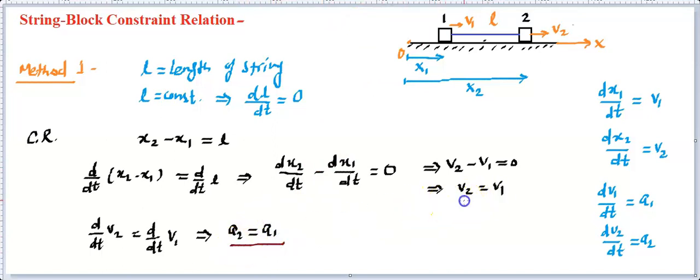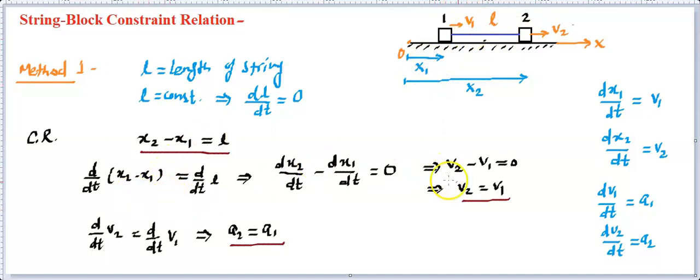This is the constant relation for the velocity, and this is the constant relation for the position. So for any arrangement, you can do this. That's the one method: write the location of all the particles, then find the relation of length with these positions, then go for the differentiation.